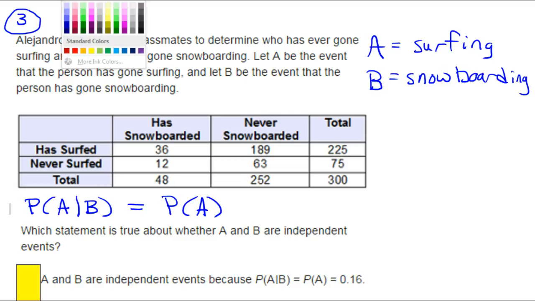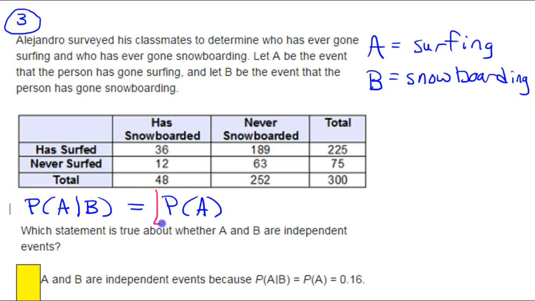Okay, so I usually like to start with this one. All right, the probability of A, well, that's the surfing. So let's see, how many people have been surfing? When we do probability, we're talking target over total. So we're looking for people that have surfed.